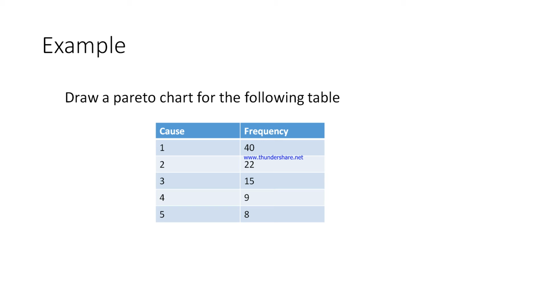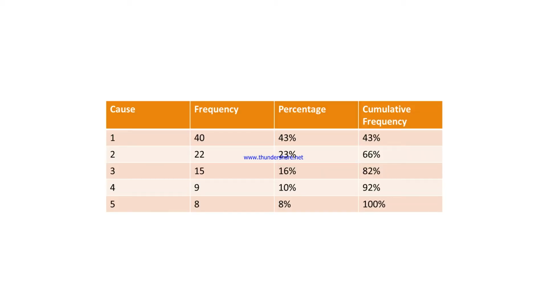So you can see the cause with the highest frequency I have stated first, then comes the cause which has the next highest frequency. Likewise, I have recorded them in descending order, right? So you can also record all the causes with their frequencies in descending order, and then I have calculated the percentages of each cause, right?